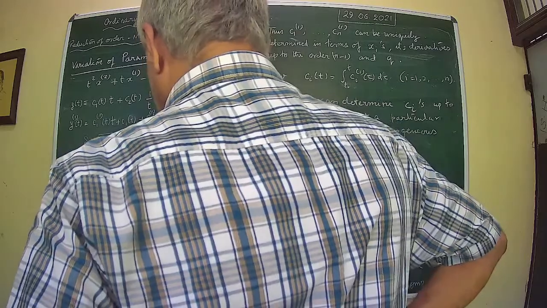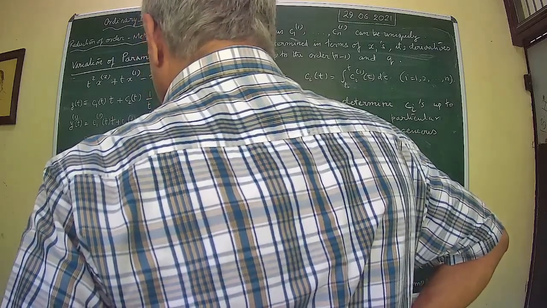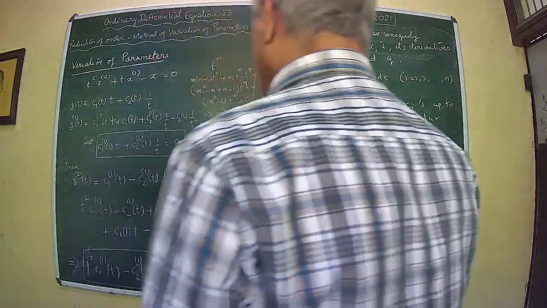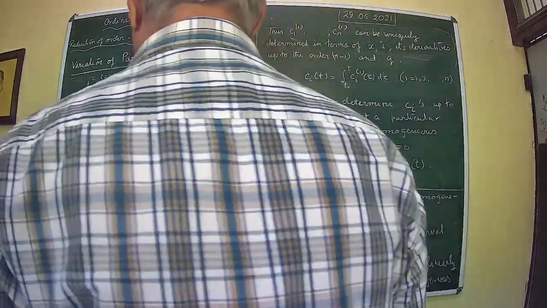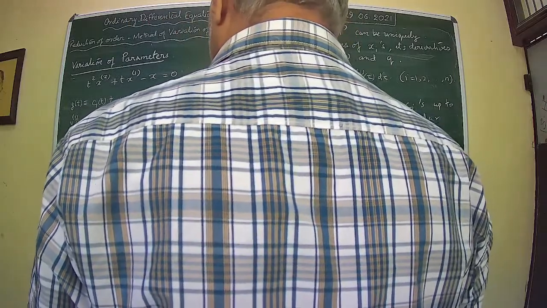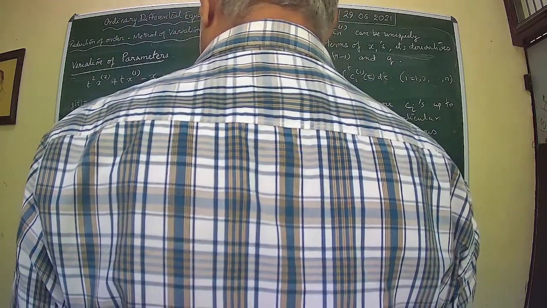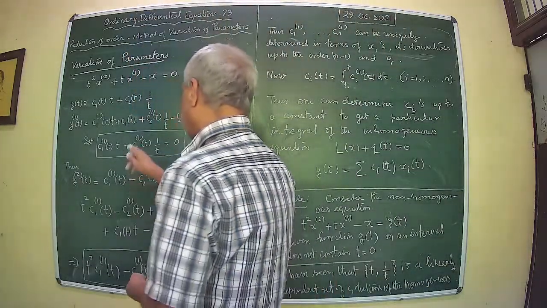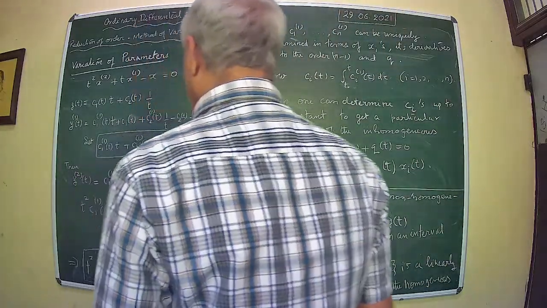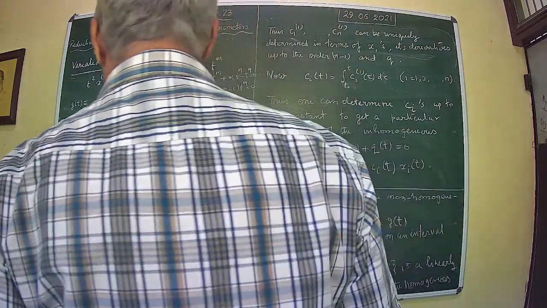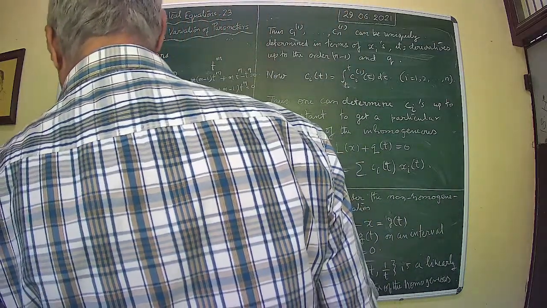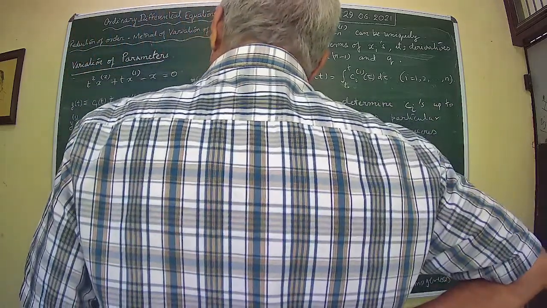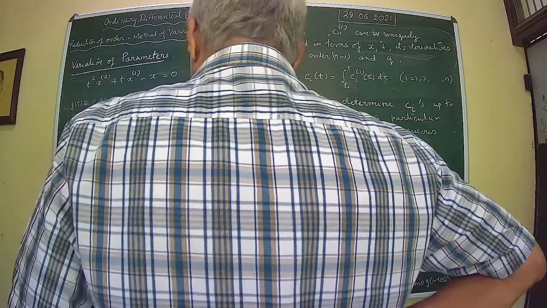Okay. Now solve these two equations, and then find a solution of this. So you get C1 derivative and C2 derivative solved from these two equations. You get t times C1 derivative of t, or t square times C1 derivative of t plus C1 derivative of t is equal to 0.